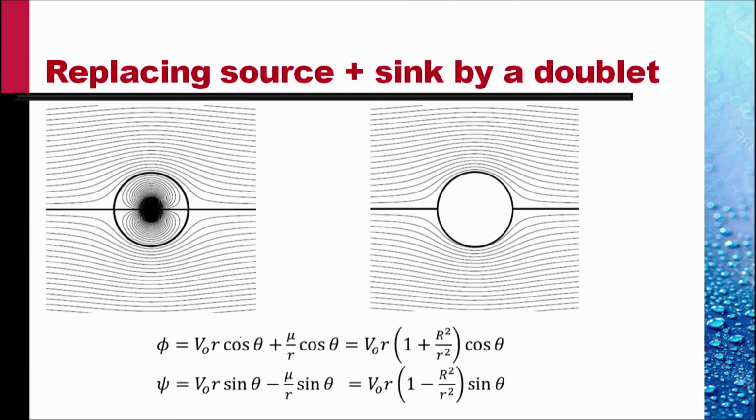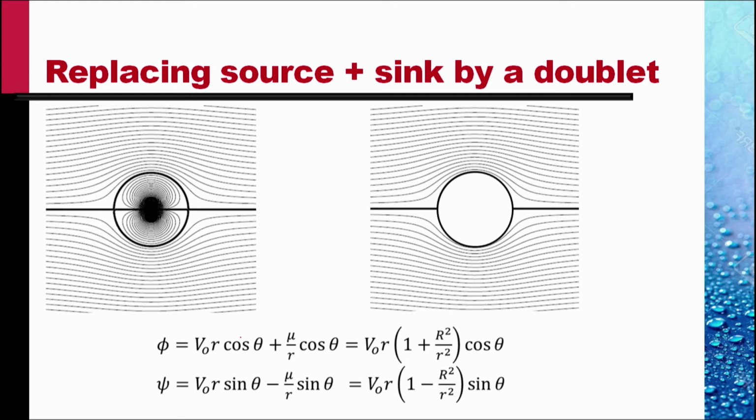We had also done in the last lecture that as the source and sink approach one another, such that as the distance a tends to 0, the source strength Q tends to infinity, such that the product Qa remains constant, equal to mu, then we get a doublet.